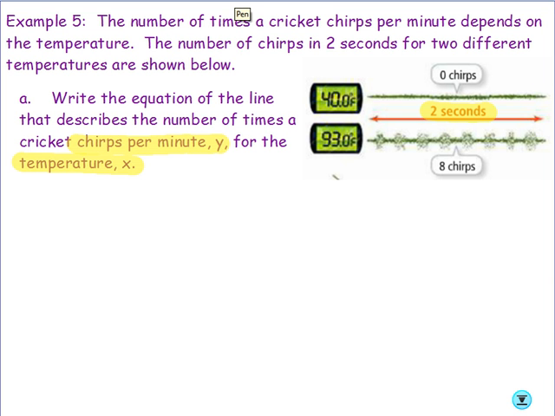So we just need to turn that into a minute. Well, there's normally 60 seconds in 1 minute. So if I need to change 2 seconds into 60 seconds, I have to multiply by 30. Well, if I multiply the time by 30, I need to multiply the chirps by 30.